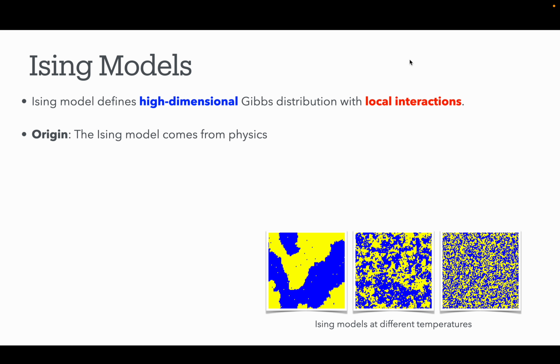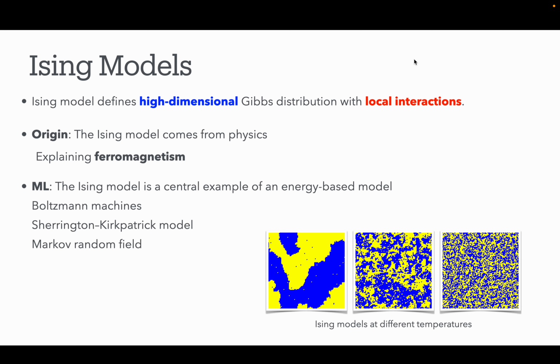The Ising model comes from statistical physics, where it is used to explain ferromagnetism. And in machine learning, the Ising model is a central example of an energy-based model, for example the Boltzmann machine, the Sherrington-Kirkpatrick model, and the Markov random field.